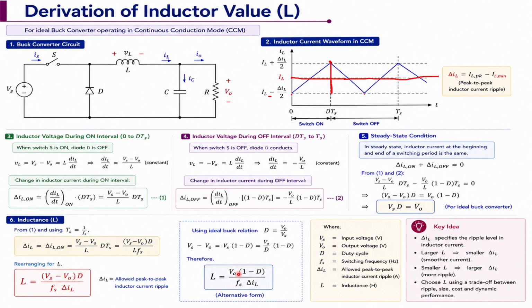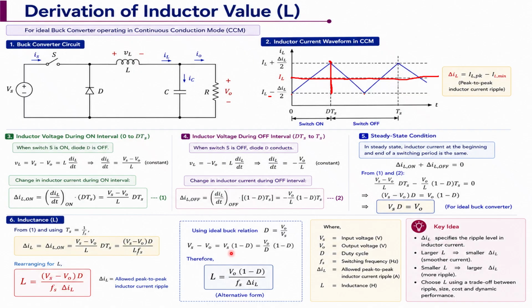Now here for ideal buck converter, D is equal to V naught upon Vs. So Vs minus V naught can be written as Vs into 1 minus D. You just substitute this value here.